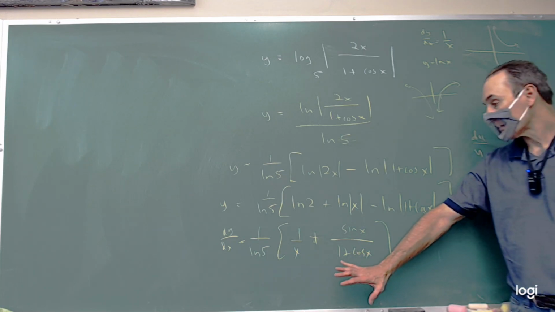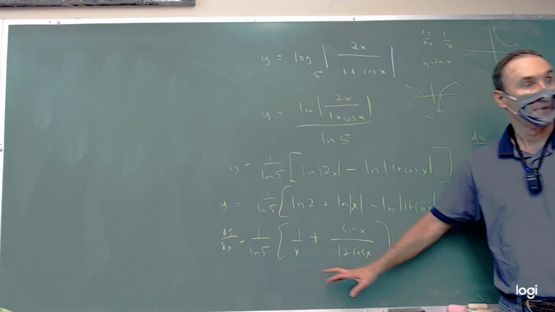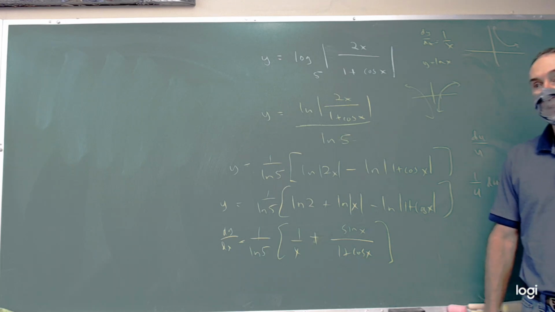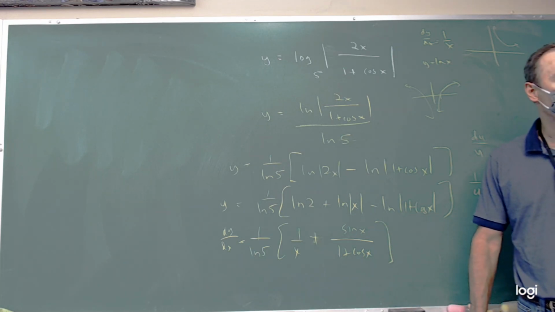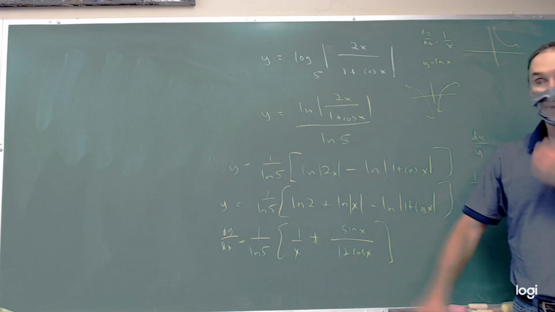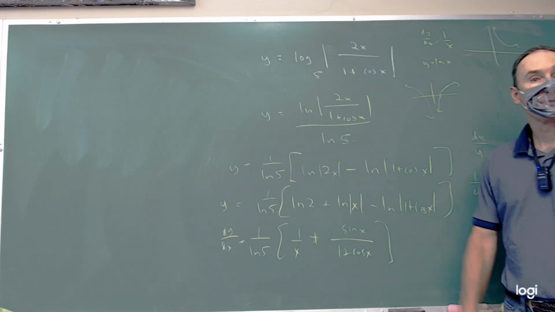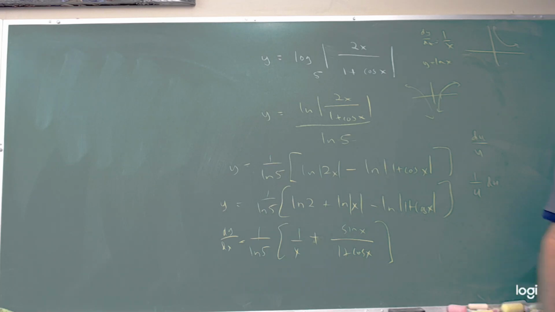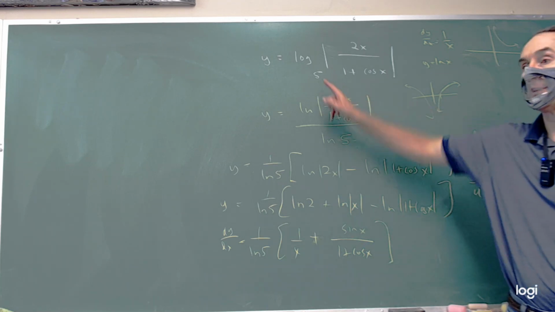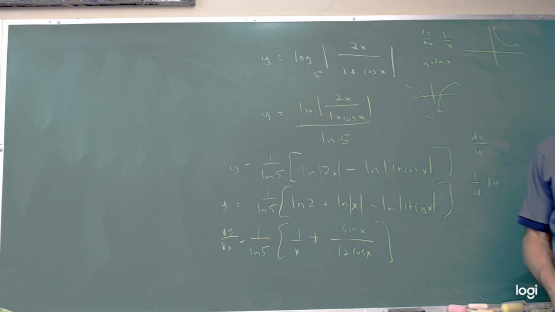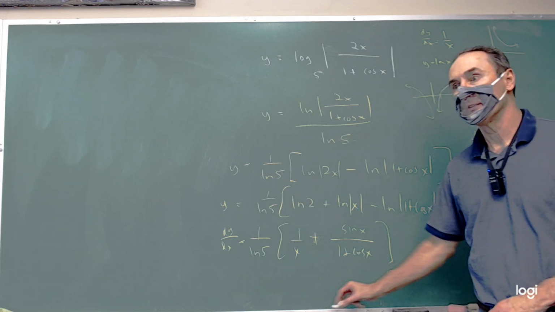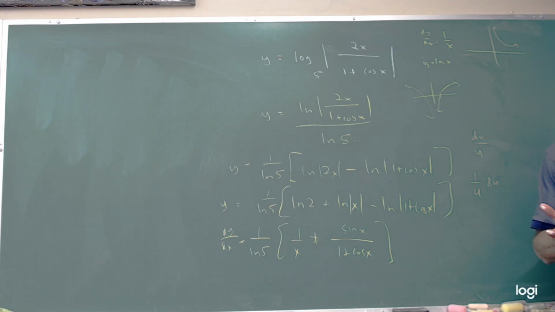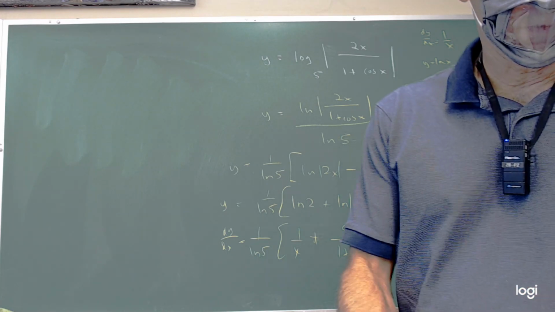If you're fine to leave it like this, that's okay. If you want to distribute, you can as well. It's going to look messy no matter what, because you have that natural log 5 hanging around, which is kind of annoying, which is why natural logarithms are so much preferred over a logarithm of any other base. So you don't have to deal with that. Does that make sense? Okay, let's do another one.